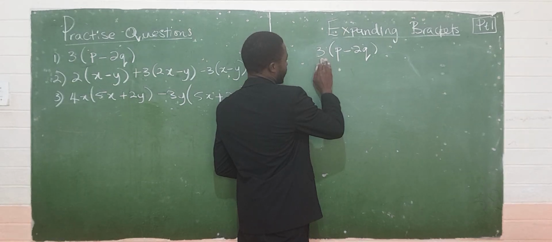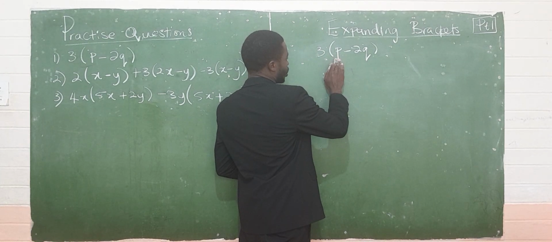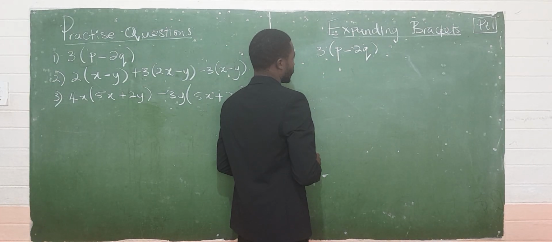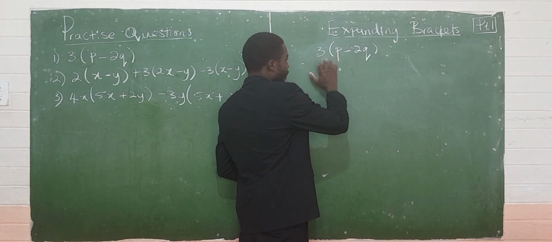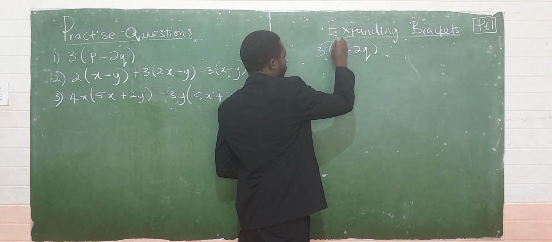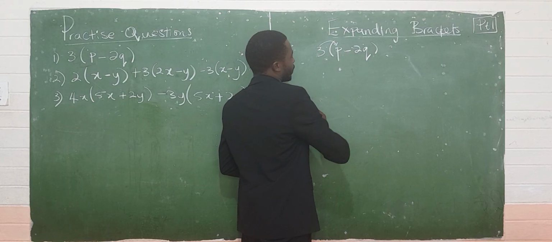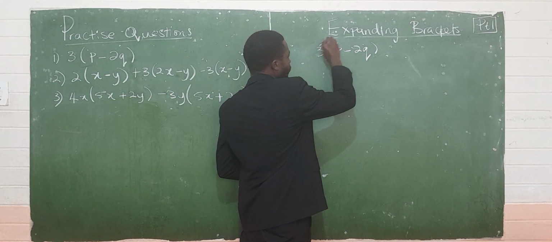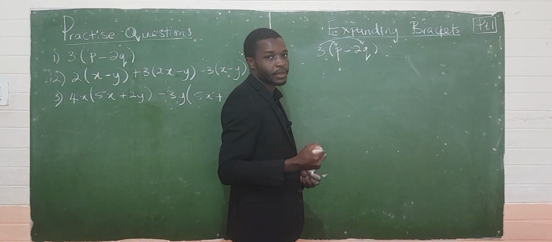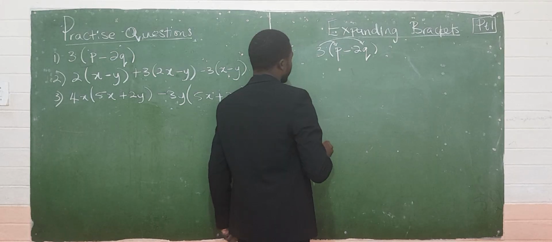This means the term that is outside is to multiply each and every term that is within the bracket. 3 is supposed to multiply p, and this same 3 is supposed to multiply negative 2q. And that's what brackets mean. Otherwise, let's go for it.